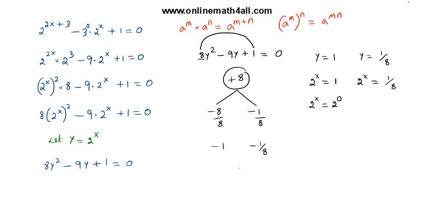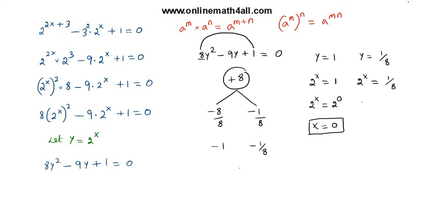We already know that anything to the power of 0 is equal to 1. Why do we take 2 to the power of 0? The reason is I would like to have the base 2 on the right side, so then only can I have the same base on both sides. Here two terms are equal with the same base, so we can equate the exponents. When I equate the exponents, I get x = 0.